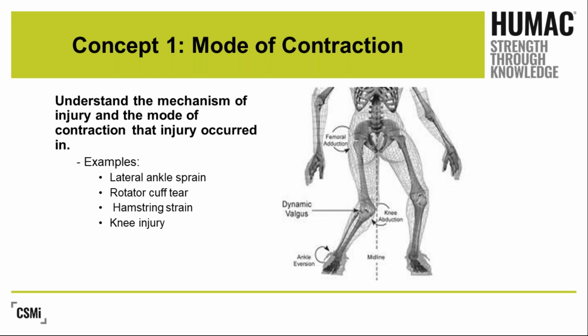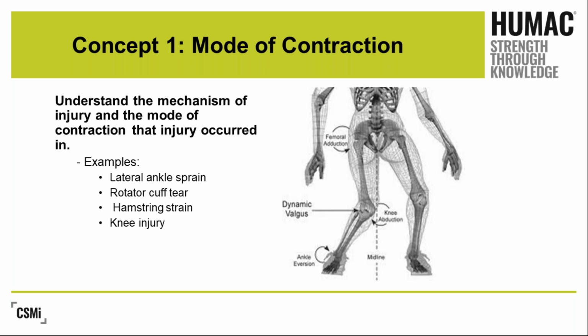So here's what's interesting. When I talk to a lot of students and I ask them what they've been trained in, while they had an eccentric mode of contraction that was the mechanism of injury, they were trained to do concentric types of contractions. How about rotator cuff tears? How about hamstring strains? Hamstrings are probably one of the things that we see very often that we know occur in the eccentric mode of injury.